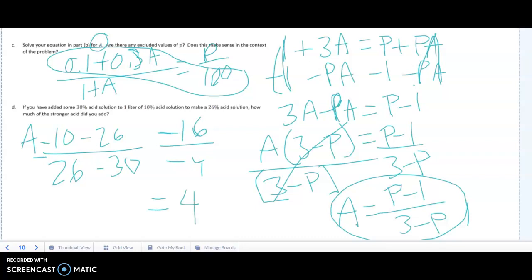That's going to be a positive 4 liters. So we're adding 4 liters of a 30% solution to make it a 26% acid solution, because we've already got the 1 liter of 10%, which is here.